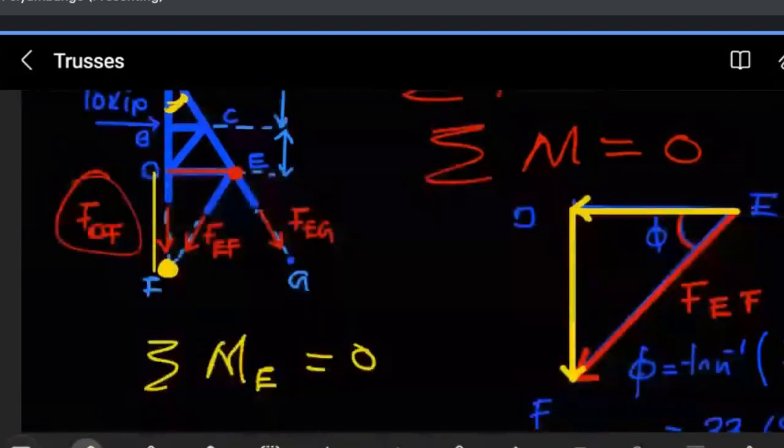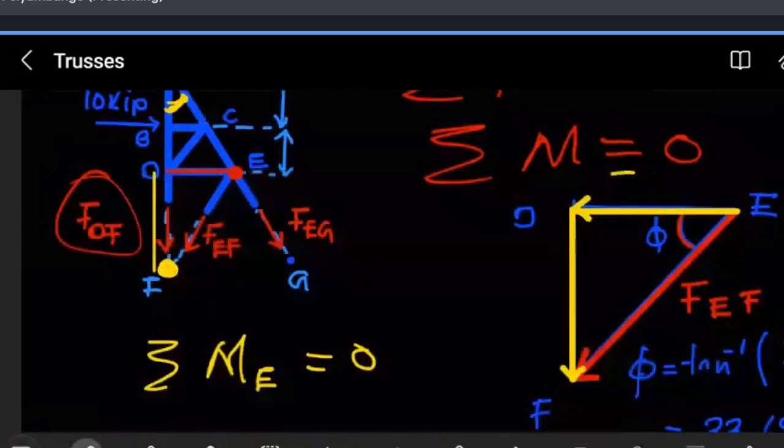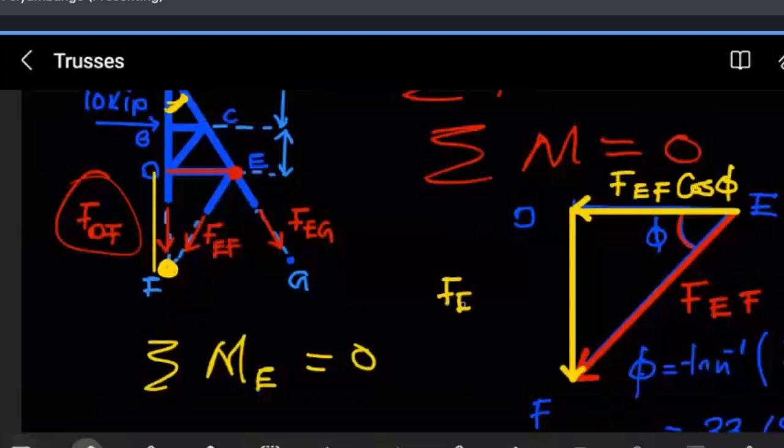So the X component will be FEF, and seeing that it is side by side with the angle phi, this will be given by cos phi. And the Y component will be FEF multiplied by sine phi. Now, since we now know the components, or at least the expression for the components, we can easily choose which method we want to use.